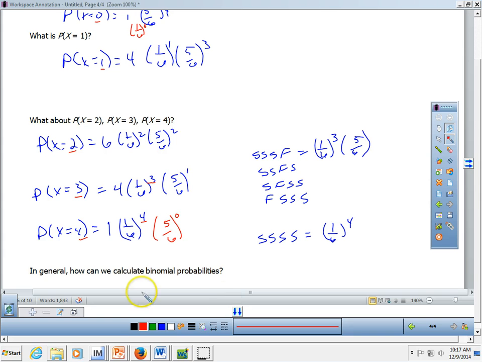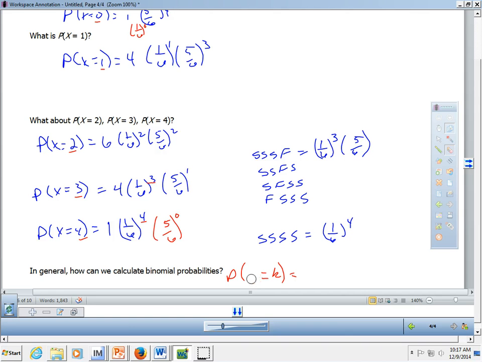If I want to find the probability of, call it K successes, I want to do this in the general sense, right? Then what that means is I'm going to take my success rate, which is P, and raise it to the K power, okay?